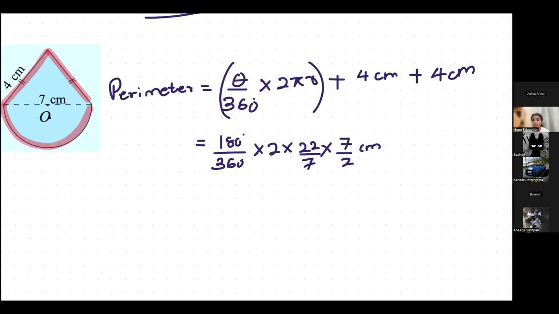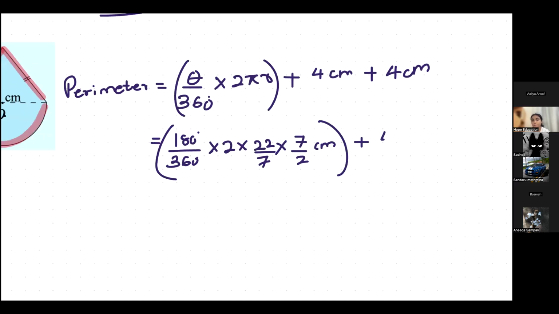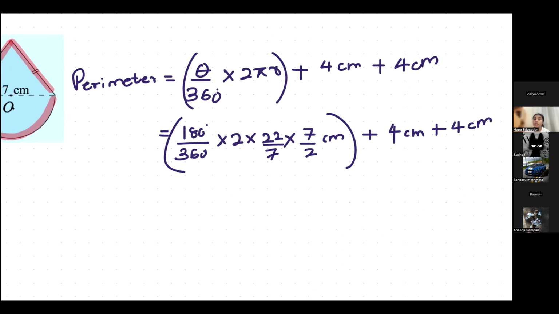This is the arc length. Plus here we have 4 centimeters plus 4 centimeters. Now, cut and chop time. 180 times 1 is 180. 180 times 2 is 360. 2 cancels, 7 cancels. 2 times 1 is 2. 2 times 11 is 22.